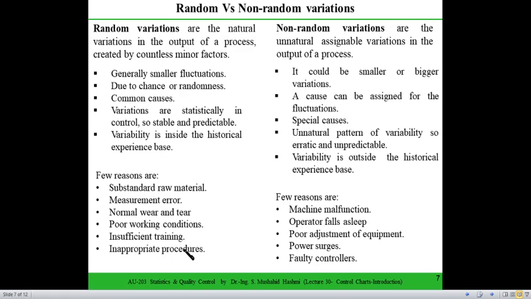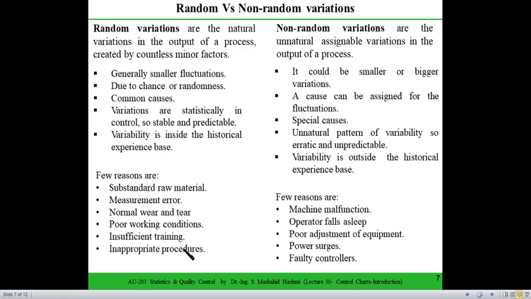Or it could be poor adjustment of the equipment, or a power surge where the voltage fluctuates, increases or decreases, and which produces a big variation, or your controllers could be faulty. So depending upon the situation and the nature of the process, what the material inputs are, and what 6M are involved, the output is going to have some larger variations.